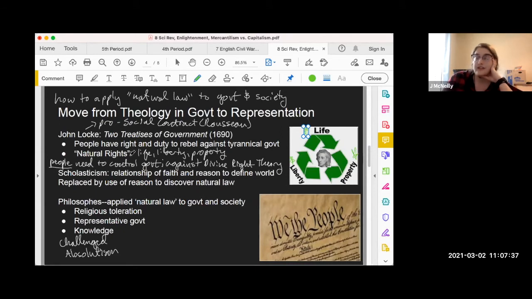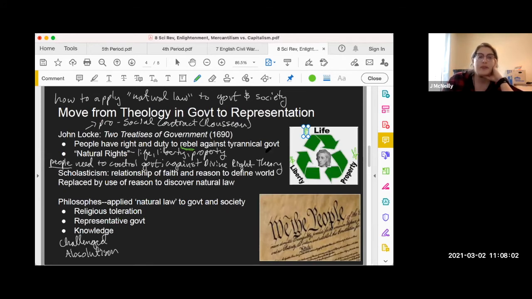And if the government oversteps or becomes too powerful, then the people have the right to rebel, which goes against the divine right theory, and it goes against absolutism. Okay, so this is going to expand beyond Europe and start a ton of revolutions, both in the old world and in the new world.